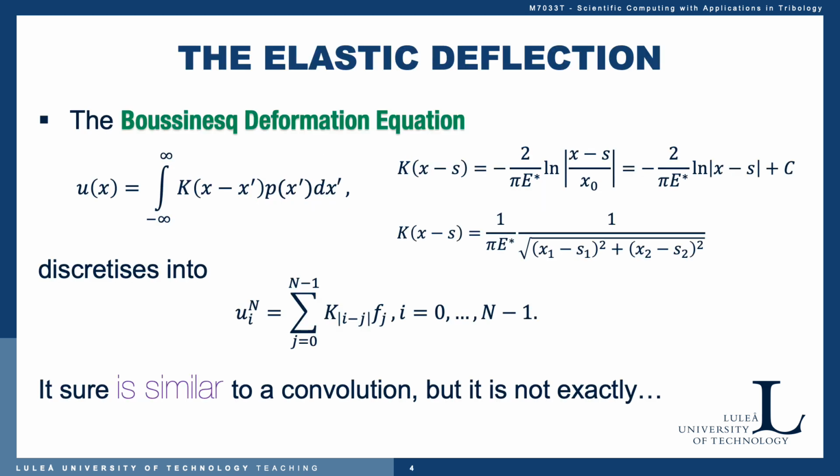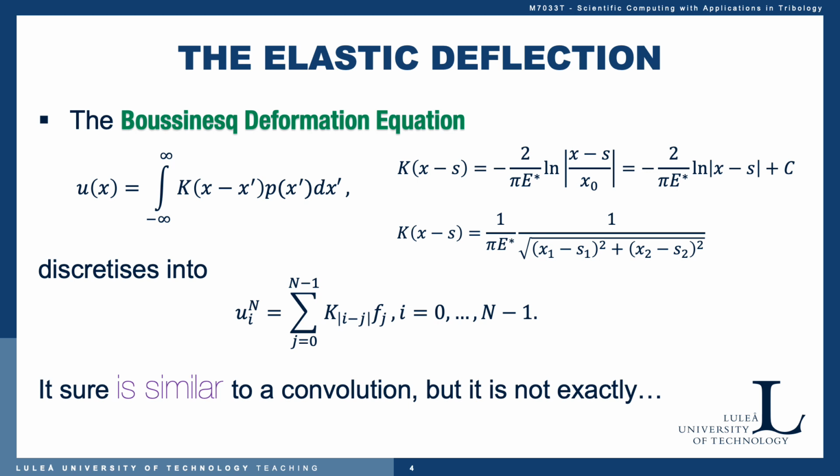So let's have a retrospective look at the Boussinesq deformation equation again. It's just defined by the integral of K times p, where K is a function of x minus x prime, and x prime is a dummy variable, and we integrate over that one.